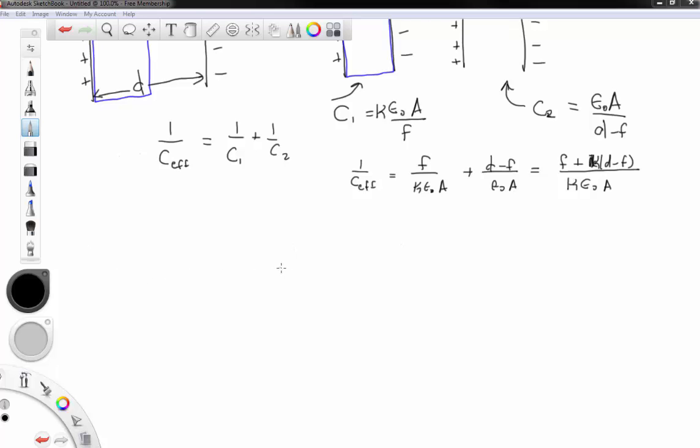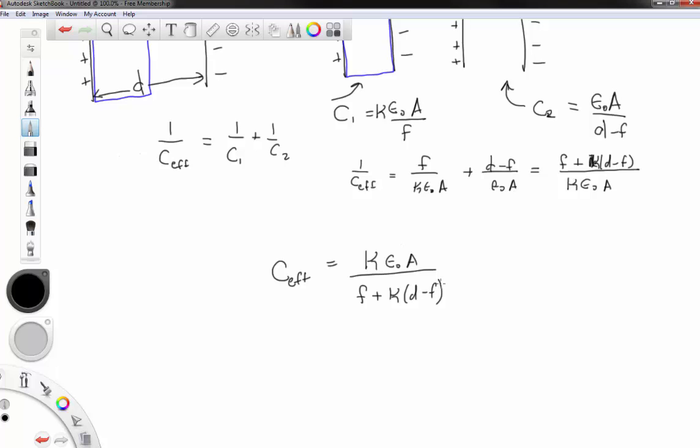Therefore, the effective capacitance, C effective, is the reciprocal of all this stuff. So we end up getting kappa epsilon naught A divided by F plus kappa times D minus F.